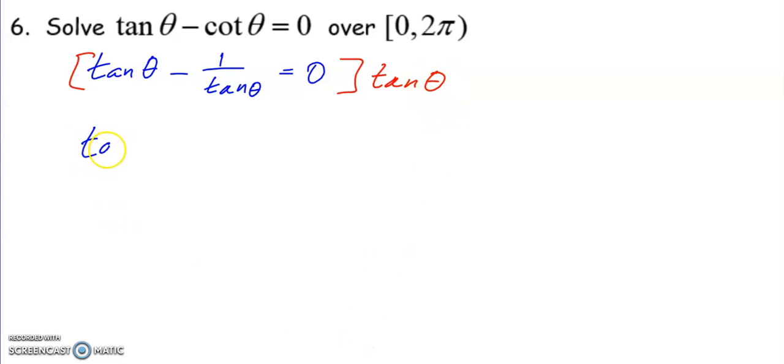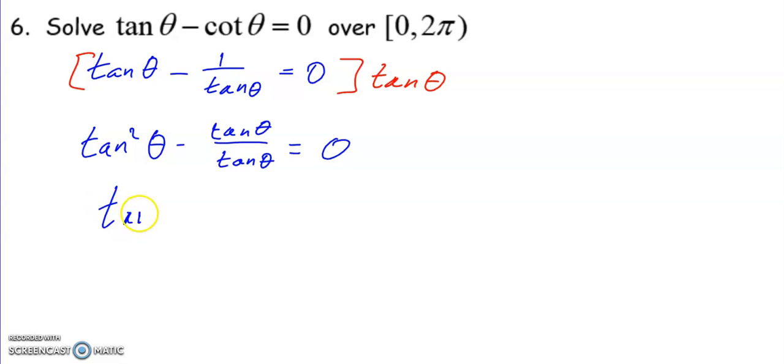What that's going to give me is tangent squared theta minus tangent theta over tangent theta. And 0 times tangent theta is still 0. So then we're left, if we keep working with this, simplify it. Tangent theta over tangent theta is 1. Add 1 to both sides.